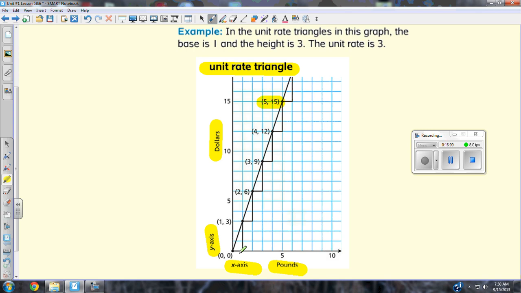And then you can see what the definition was saying. You have 1, 3, and then 1, 3, and so on. So that's a unit rate triangle, and the reason it gets its name is the shape of a triangle.